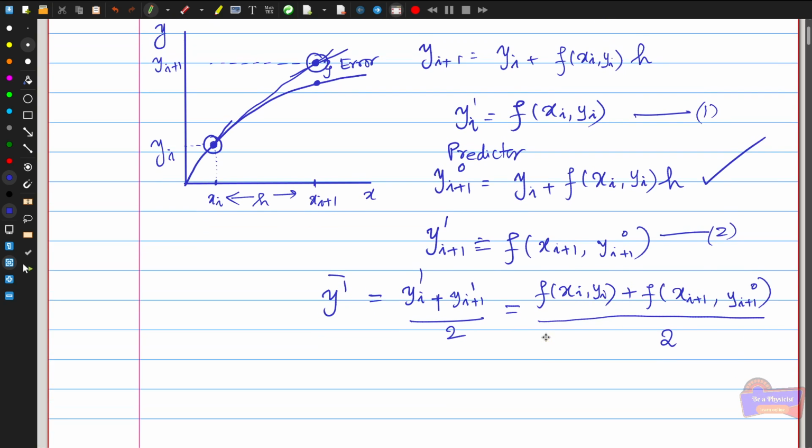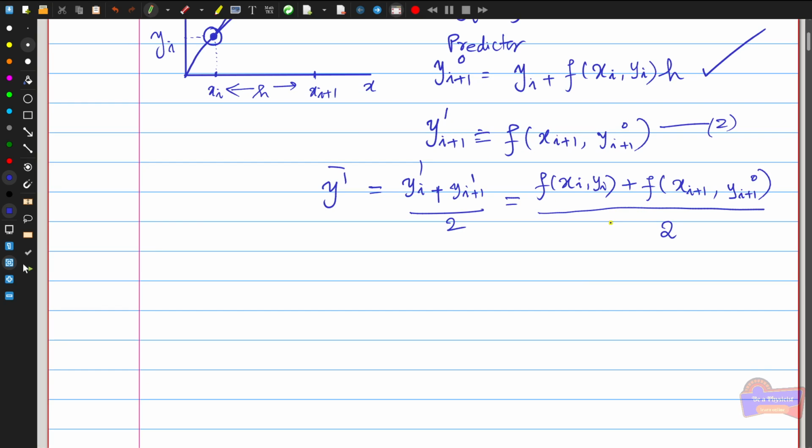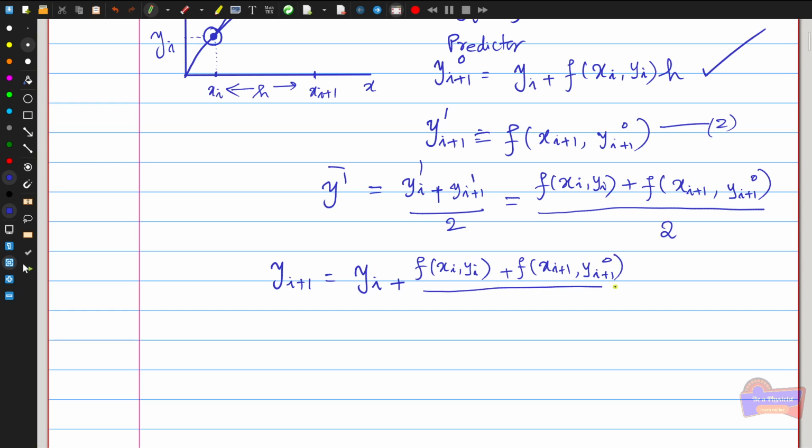I am going to use the same Euler's method by taking this as a slope, so that I can write the average slope of Heun using Euler's method: y_{i+1} is equal to the previous value y_i plus the slope, that means [f(x_i, y_i) plus f(x_{i+1}, y_{i+1}^(0))] divided by 2, multiplied by the time step h, which is exactly Euler's method, but instead of taking a single slope, we have taken the average of the two slopes and then multiplied by h.